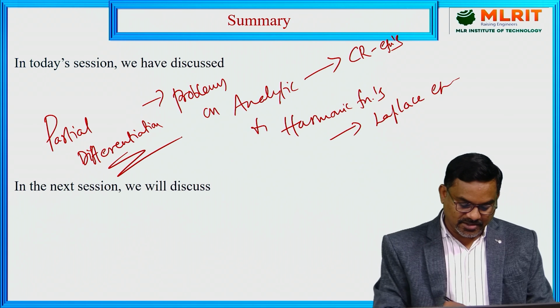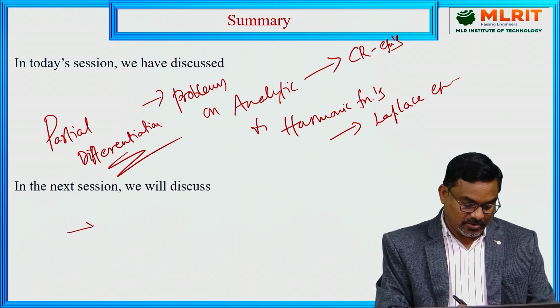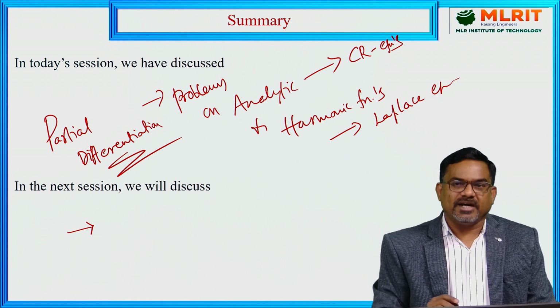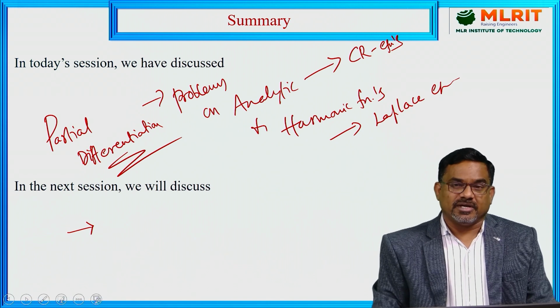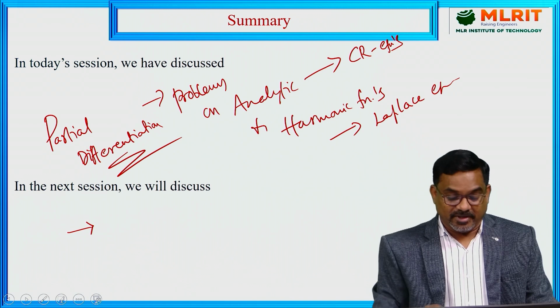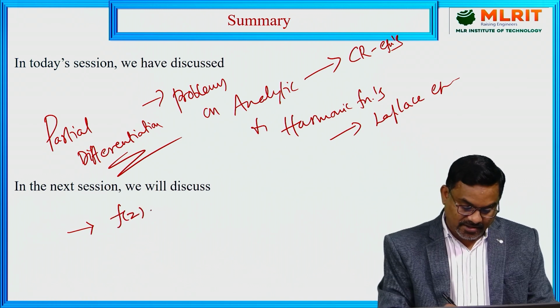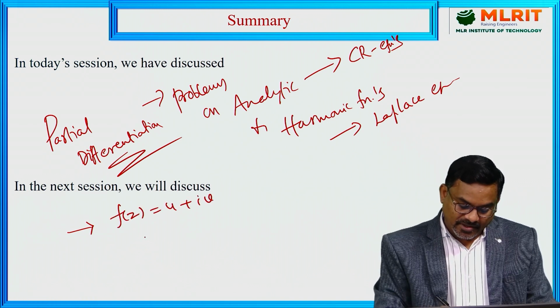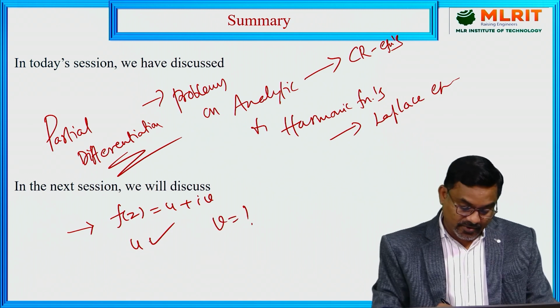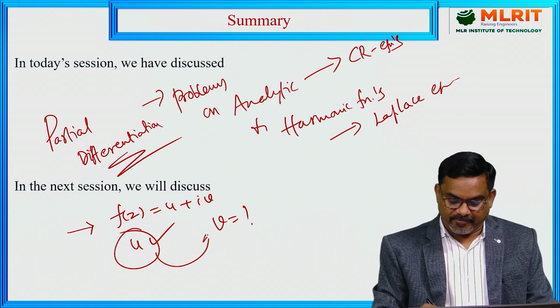In the next session, we are going to discuss two methods to find the analytic function in which any one of the real or imaginary parts is given. For example, f(z) equal to u plus iv. We will have only u. Now find v. If we have u, we need to find v.